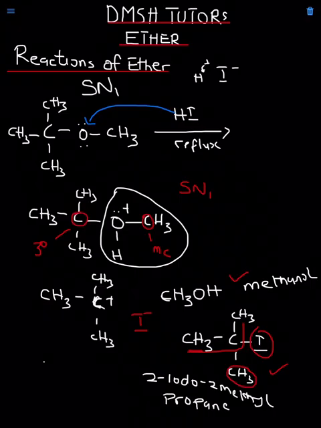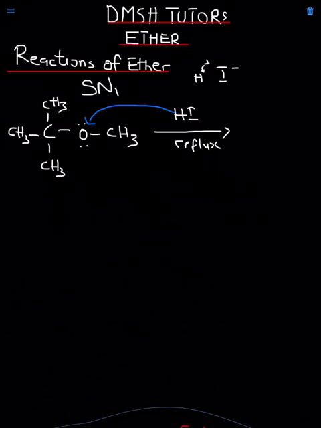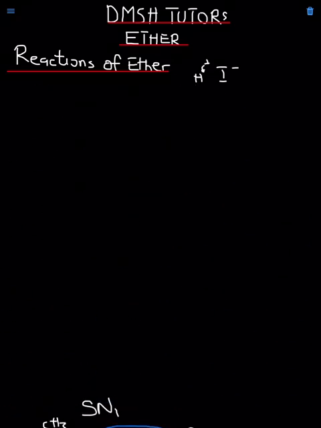If we use excess acid, this is what is going to happen. This is what we're going to have. So let me clean this. We use excess acid. The methanol forms, and we still go and react with the methanol.